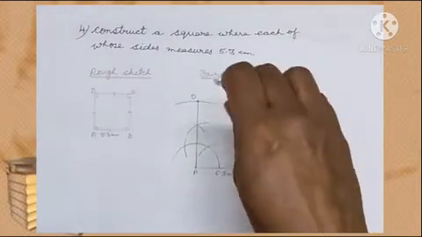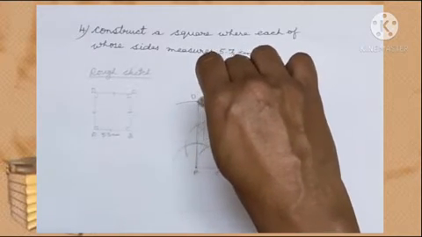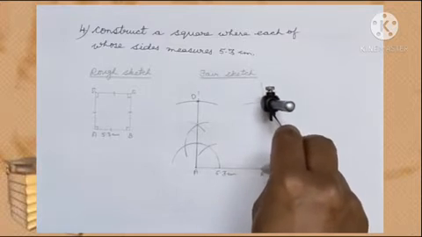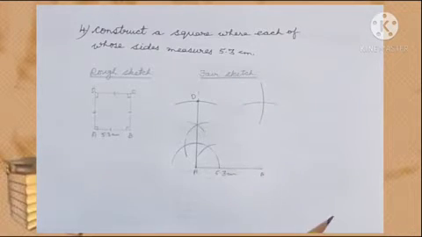Now we draw an arc of 5.3 cm from point D and from point B. These two arcs intersect each other.